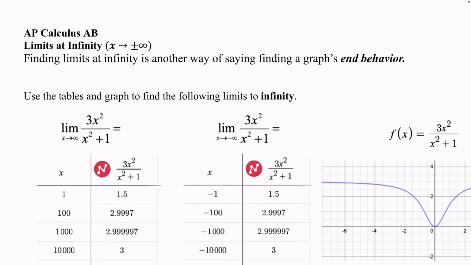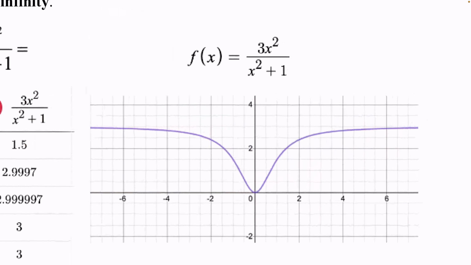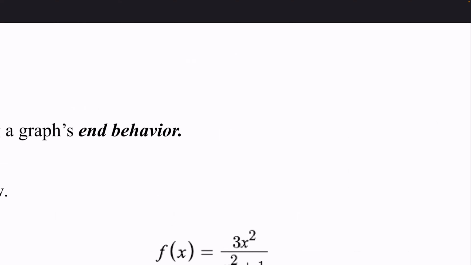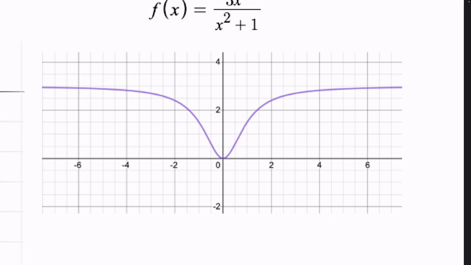First example is great. This is the function here. If we were doing limits like we did day one, we looked at a graph and found the limits. So if I was saying, what's the limit as x approaches positive infinity? Which way would I go on my graph? To the right. I keep going to the right until I can't go any further. So I would start on the left and then go to the right.